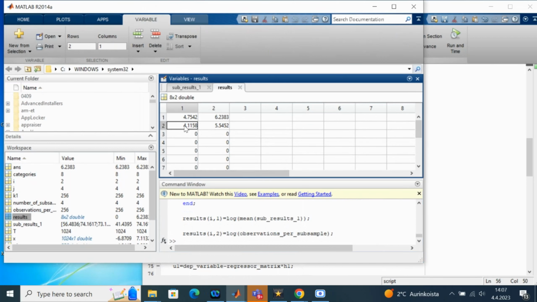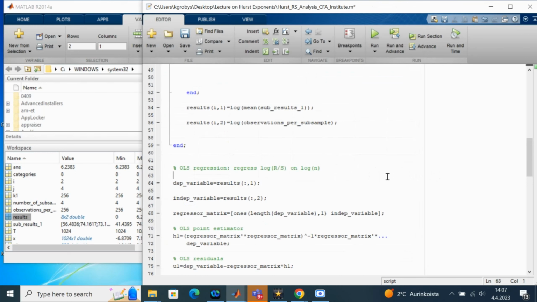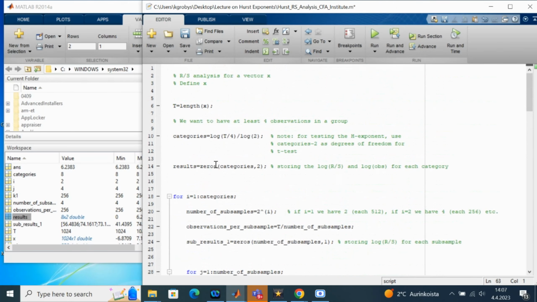So the logarithm of the averaged rescaled range statistic for the cluster size k equal to 256 is 4.1158, and the corresponding logarithm of the cluster size, the logarithm of 256, should be 5.5452. So in the same way we go through it until we are on the last category, which is the 8th category.